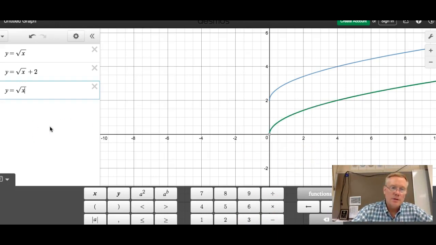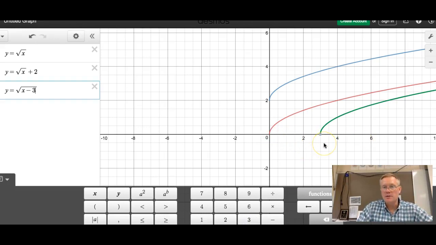And then if I was to change this around, instead of having minus 3 outside the radical, if I put it under the radical, you can see that it has now become a horizontal translation, 3 units to the right. As usual, if it's underneath the radical with the x, and it could be in parentheses or not, as long as it's under the radical, like you can see over on the left, that is going to be the opposite direction of what you think.